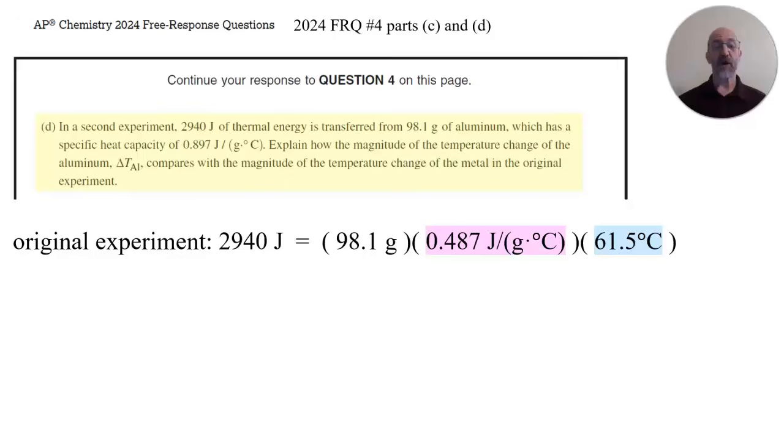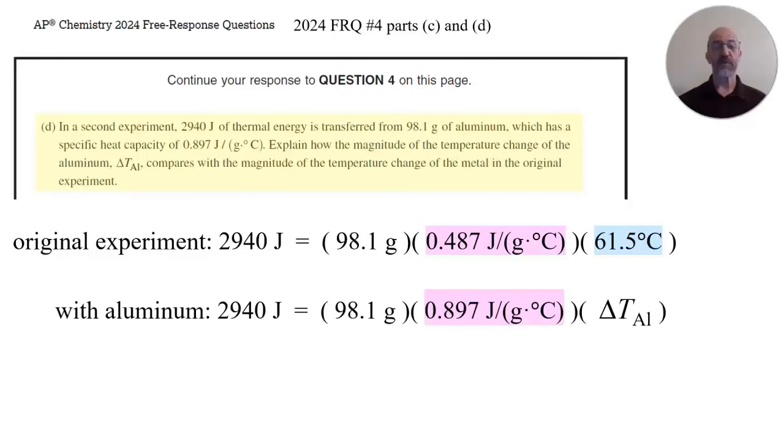But now in part D of this question, with the aluminum, we have the same amount of heat, so the same value of Q. We have the same mass of the metal sample, but we should be able to recognize that if there's a different value for the specific heat capacity of the metal, it will affect the value of delta T for the aluminum.